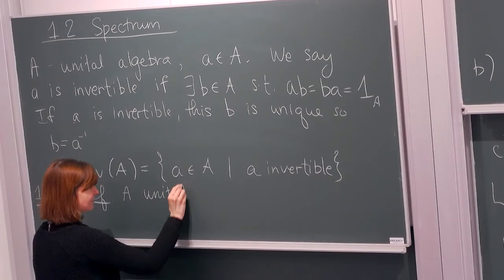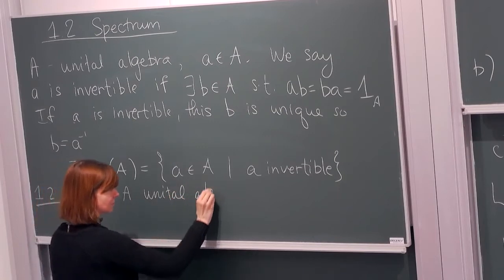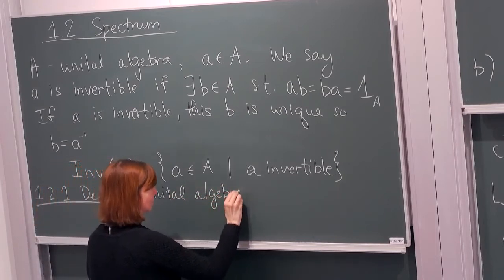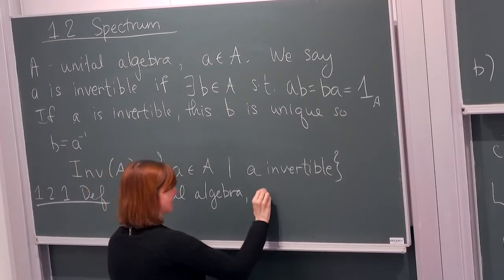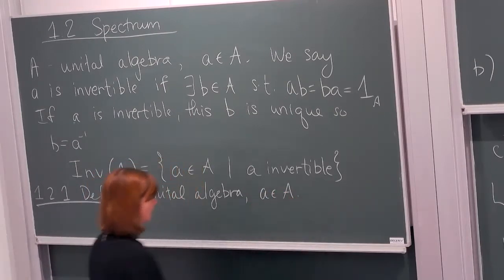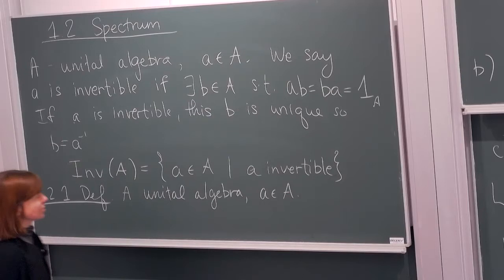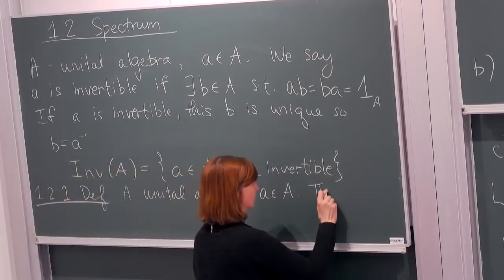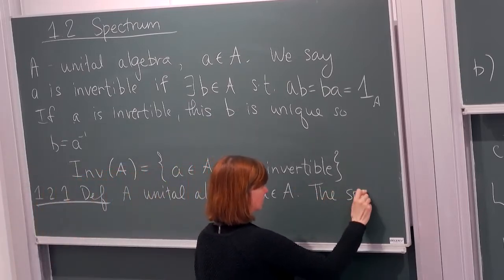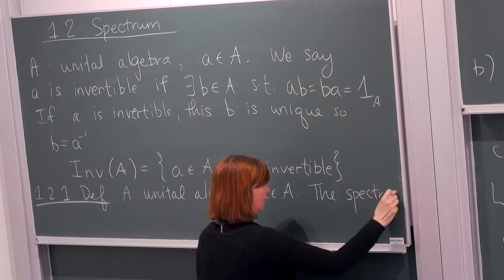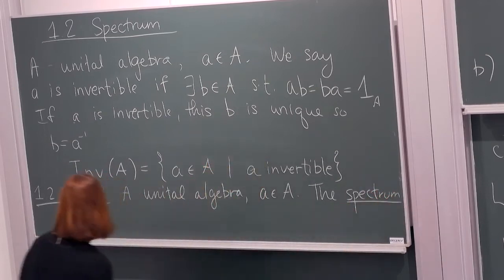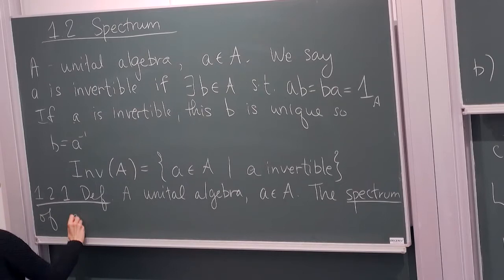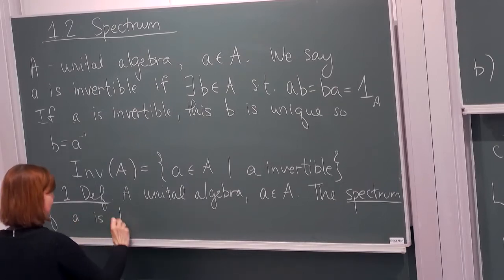I don't need it to be a Banach algebra. Take an element A in A. Then we find the spectrum of A.